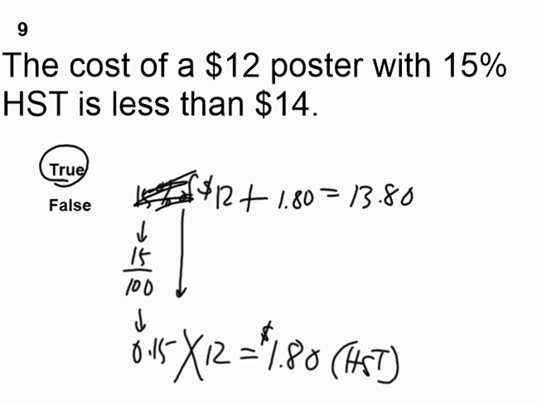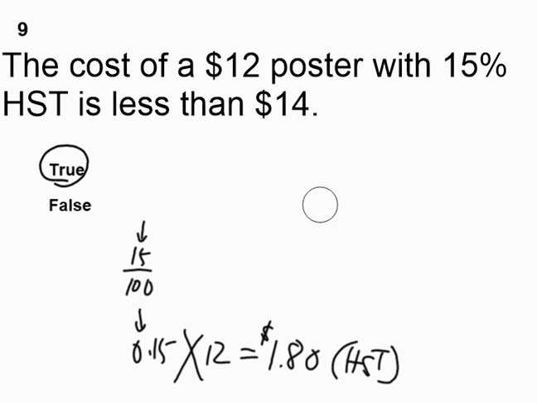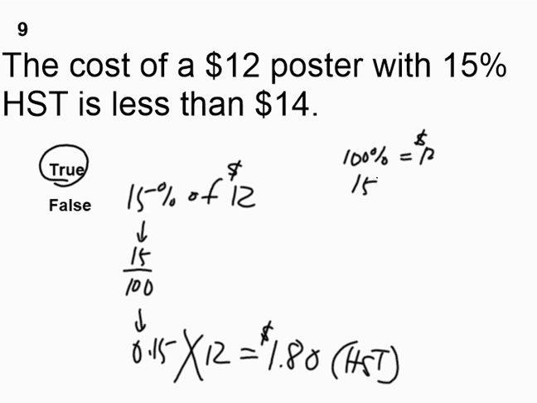Yes, it is. Now, the easier way to do it, instead of finding it in 2 steps, you could have done it in 1 step and saying, if I know 100% is $12 and 15% is $1.80, then 115% is what I'm going to pay for that poster, which would be $13.80.